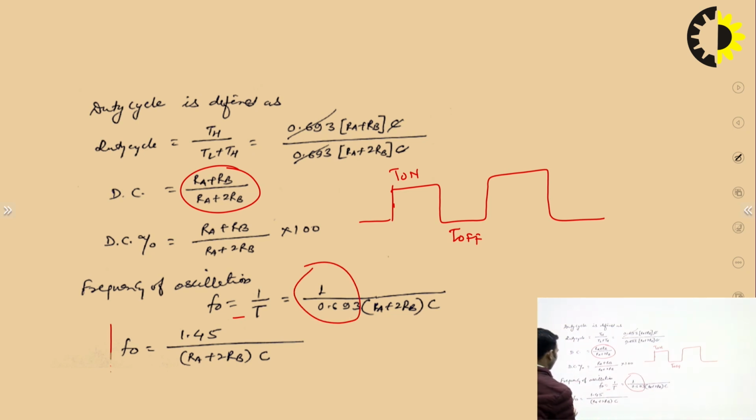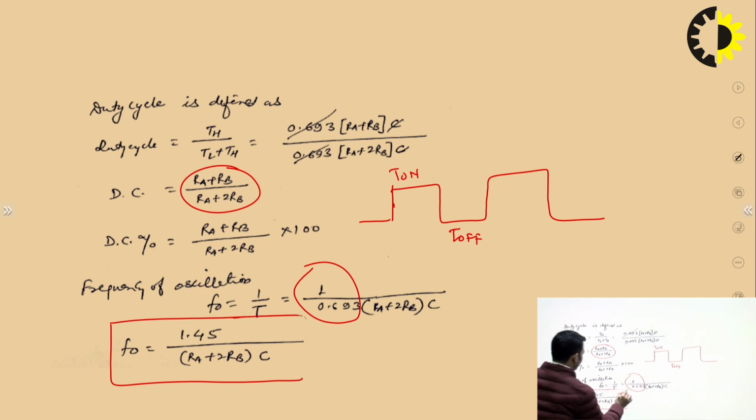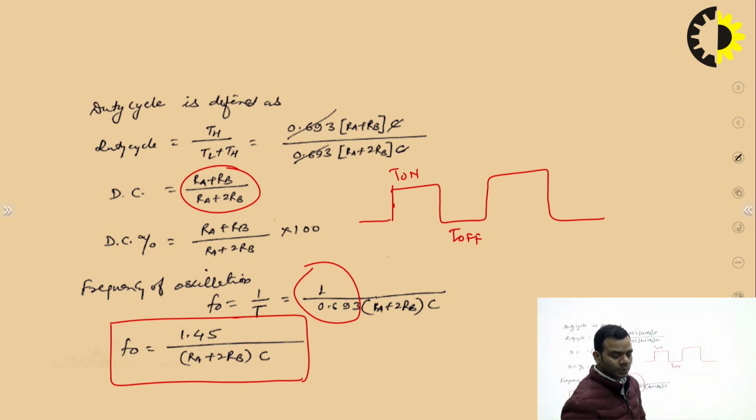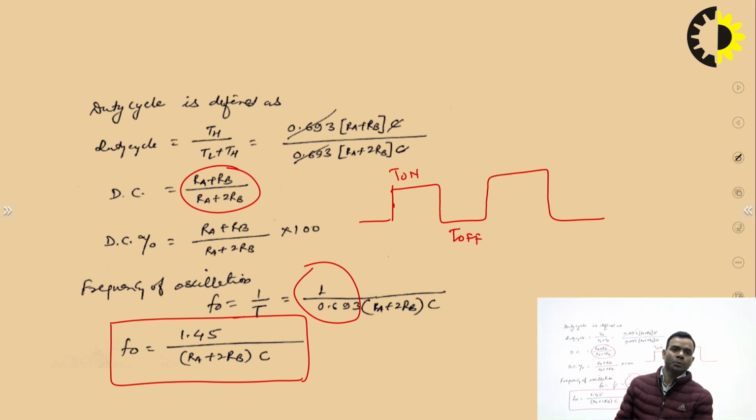So frequency of oscillation of astable multivibrator is 1.45 upon (RA plus 2 RB) into C. So in this way, this circuit can be used to generate frequency, or it can be used to generate a square waveform of any required frequency. This is how the 555 timer works, and this is how we can use 555 timer as an astable multivibrator and monostable multivibrator.